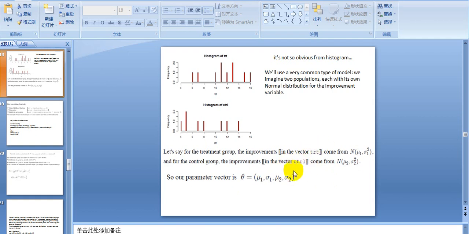They are IID from one normal, and control is IID from another normal. So this is the Bayesian setup. We specify the parameter, we specify what the observed data are, and given the parameter, what the model for the data is. We call it the likelihood, remember? So in our case, the likelihood is two independent normals.